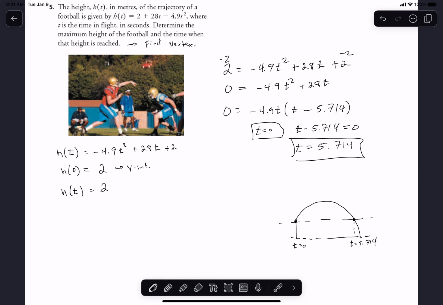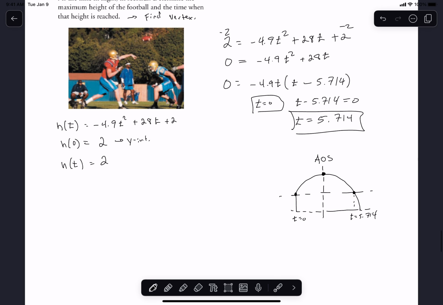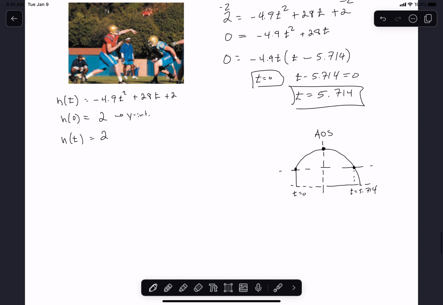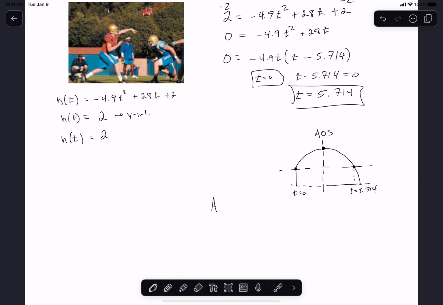So what I'm interested in is where is the maximum? Well, we know the maximum occurs right here in the middle, which we call the axis of symmetry, AOS, right? So I'm going to find the axis of symmetry for this question. That's going to tell me after how many seconds the ball reaches its maximum height, just like the last question.